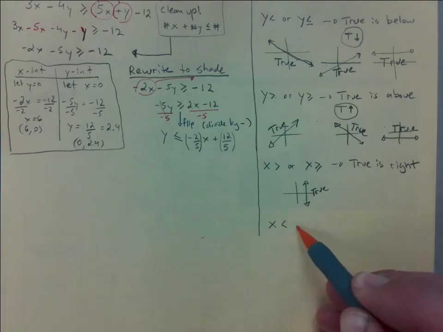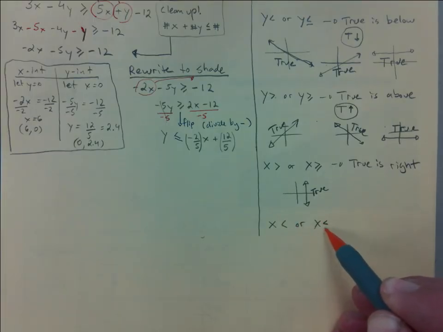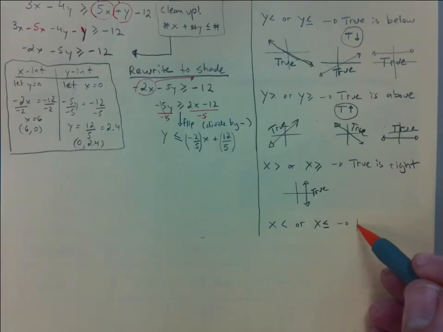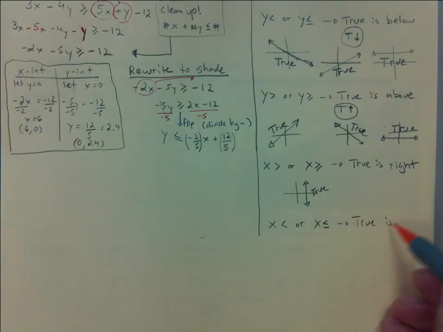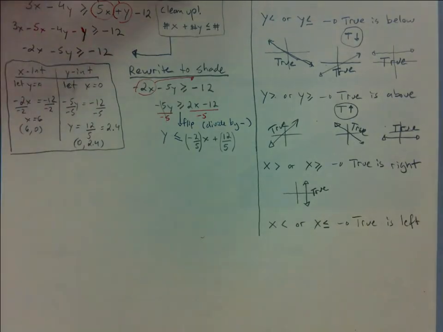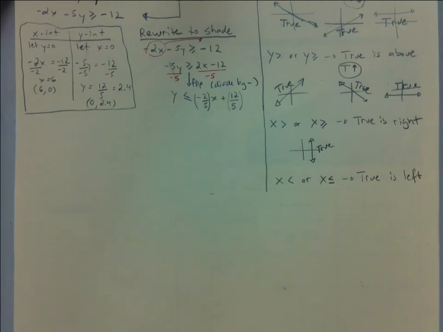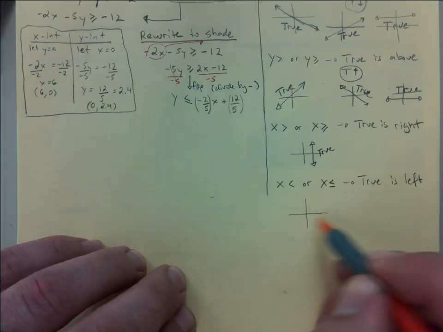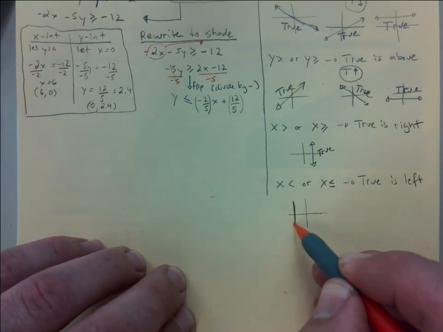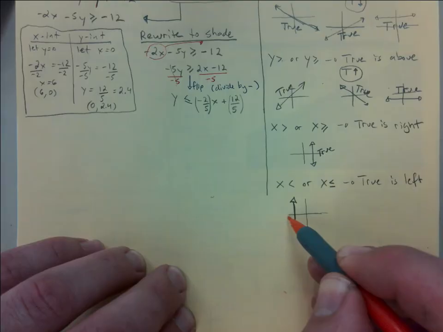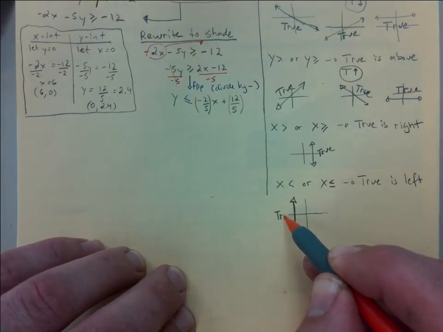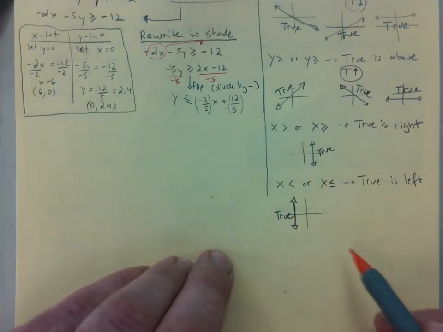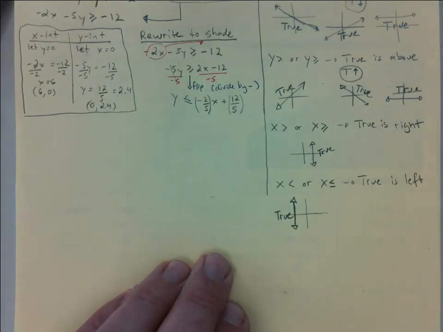If x is less than, or x is less than or equal to, true is left.